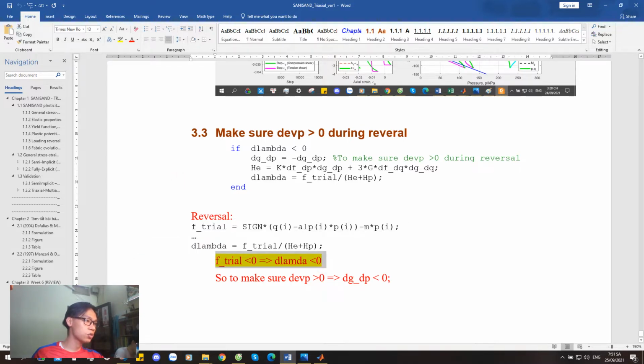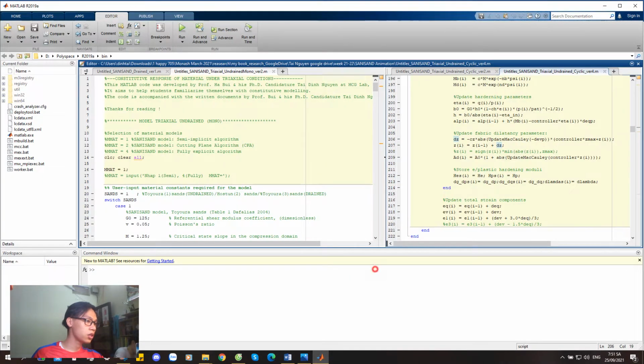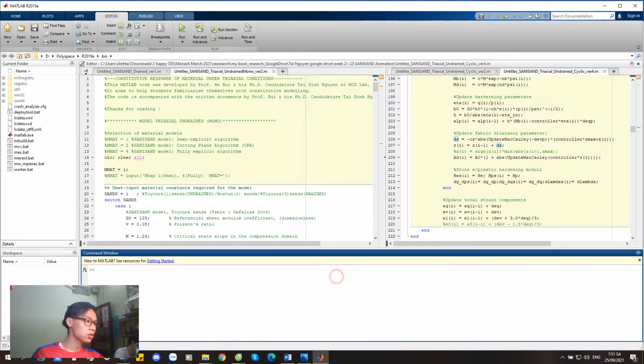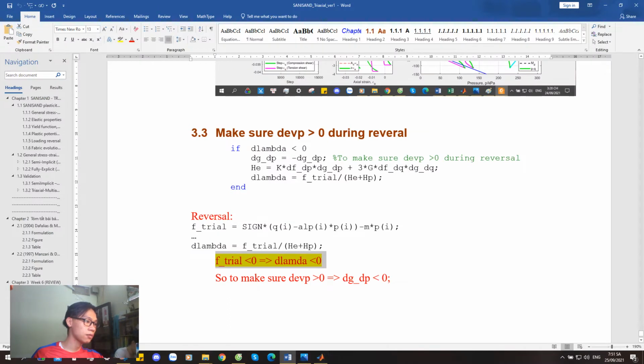When I ran the MATLAB code, I looked at the values and I saw that lambda is negative when we are in the loading reversal process. So to make sure ε_v^p is positive in the reversal loading, we have to change dε and dp at the same time.